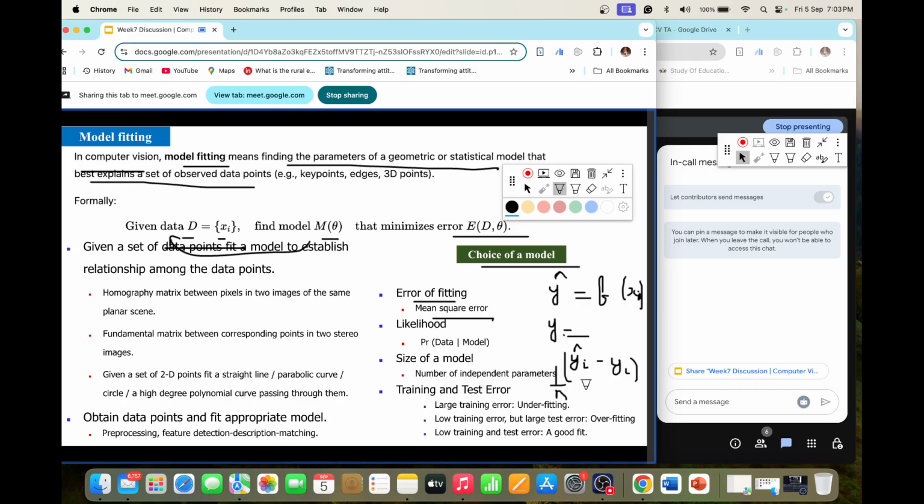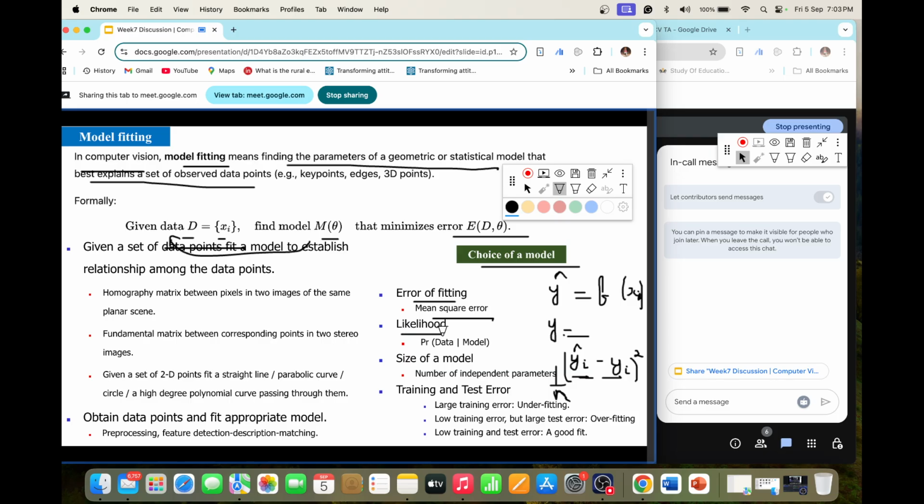That is the mean, and squared means this square. This is the predicted value and this is the actual value, yi. The square of this difference divided by the number of points, 1 by n. So that is how you calculate the mean squared error. This should be less. If it is less, then our model fits well. Otherwise, we can say our model does not fit well.